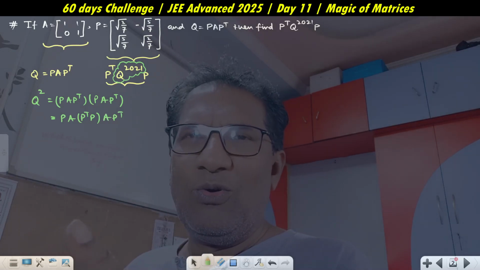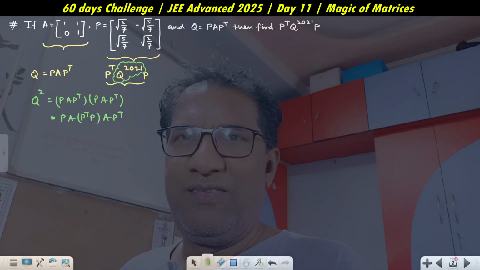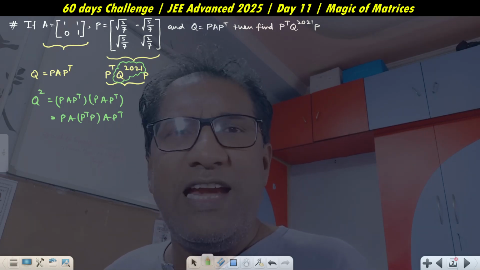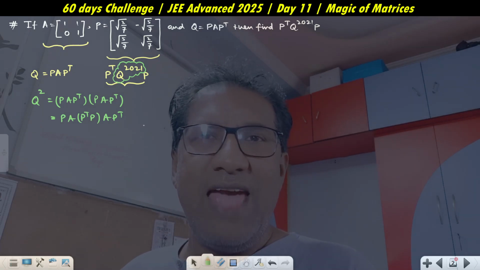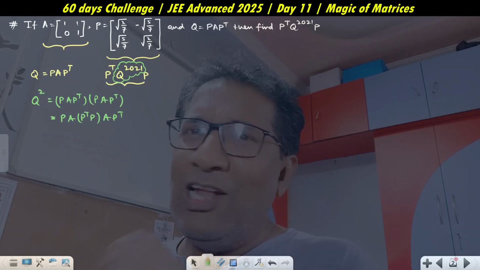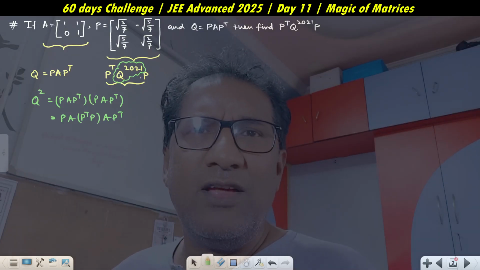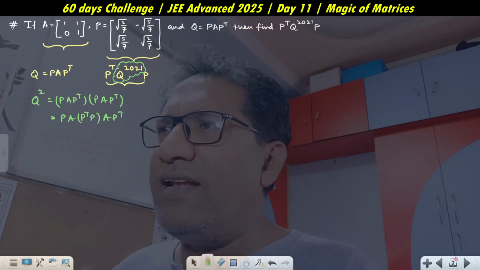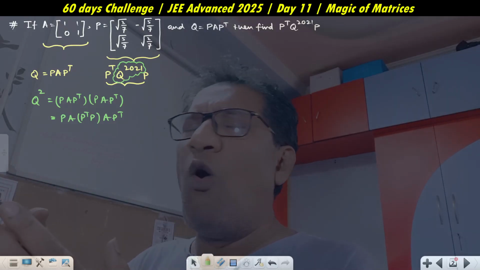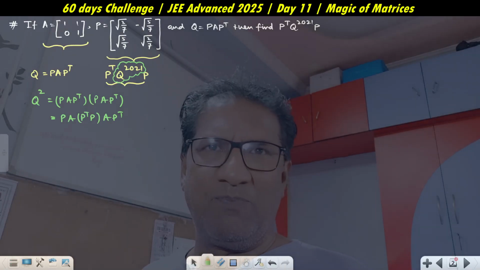Now, those who don't know this form will go for multiplication of P transpose and P, and that is a recipe for disaster. A lot of time will be consumed. Have you seen the elements that are given? Root over 2 by 7, root over minus 5 by 7, and all these things. So if you go for multiplication, it will create a lot of problems.